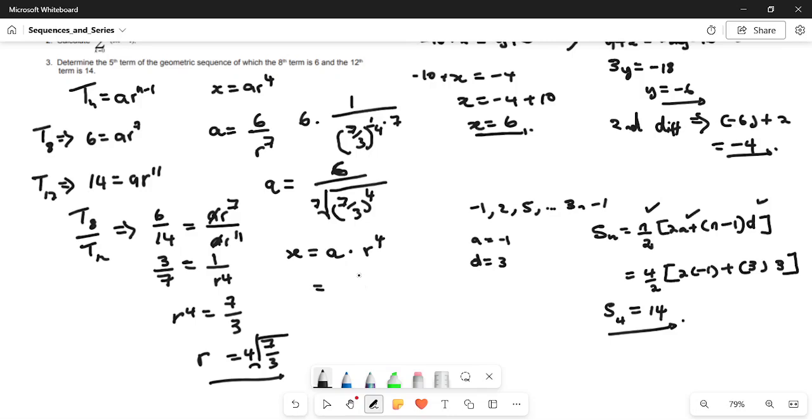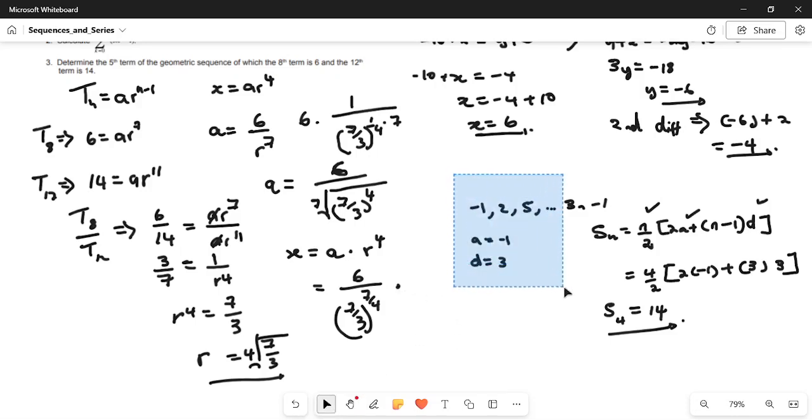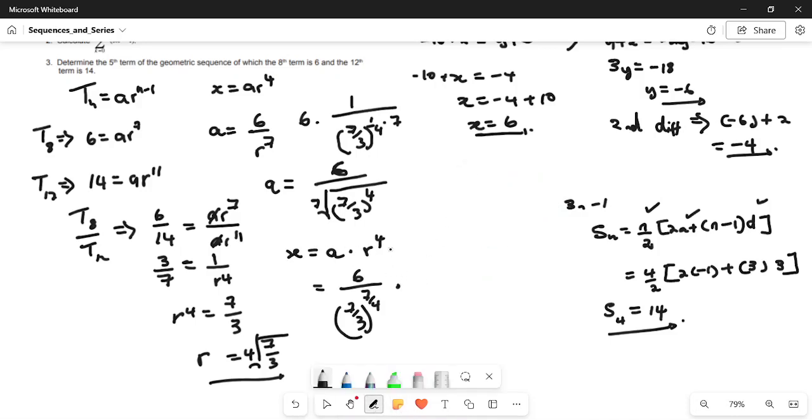Let me just do it. So a is 6 divided by 7 divided by 3 raised to the power 7 over 4. Then I'll multiply this by my r, that hairy looking thing there, which is 7 divided by 3 to the power of a quarter.